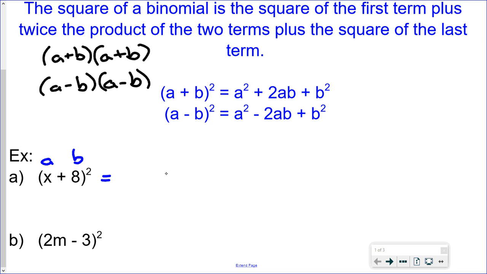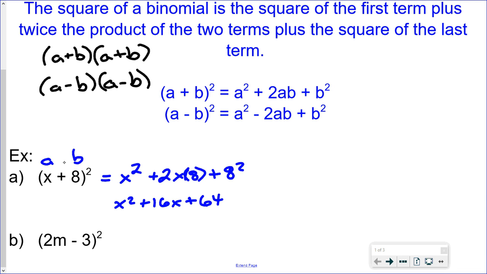So a squared would be x times x, so that's x squared, plus 2 times the a value, which is x, times the b value, which is 8, plus the b value squared, so 8 squared. Simplifying, you get x squared plus 16x plus 64.